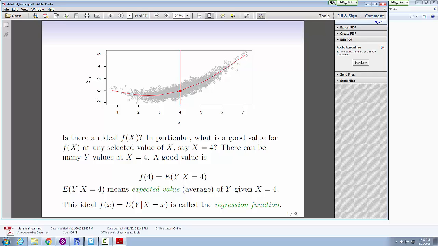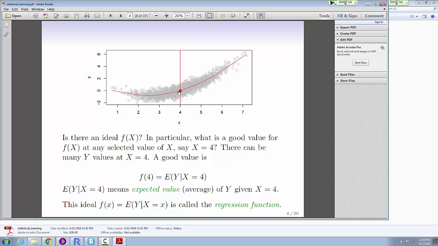Y equals f of X plus random error. That red curve is an estimate of a systematic relationship between Y and X. The red curve is f hat, the estimated f. It's not a linear model in this case. However they fit this model was not a linear model because that's not a line, it's a curve.